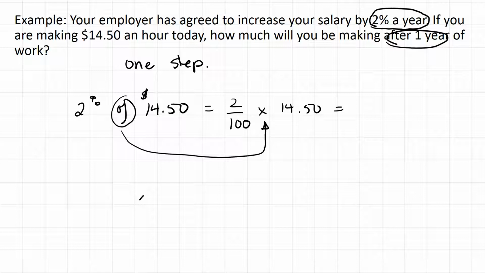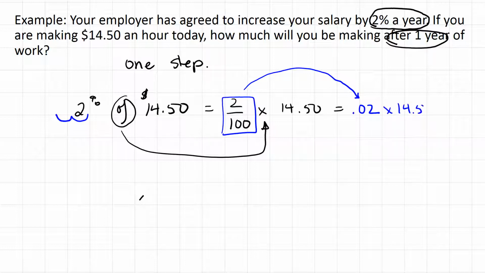If we want to change it to a decimal, we move the decimal over 2 spots. So that's 0.02. So this means 0.02 times $14.50. And if you enter that into your calculator, you get 0.29. So that is an increase of 29 cents.